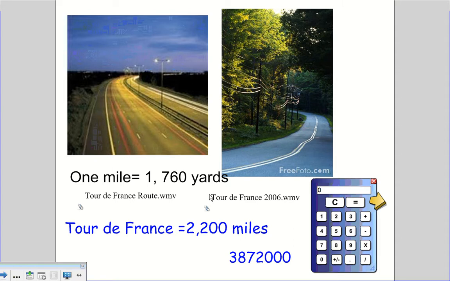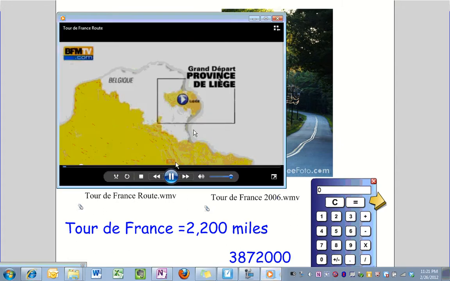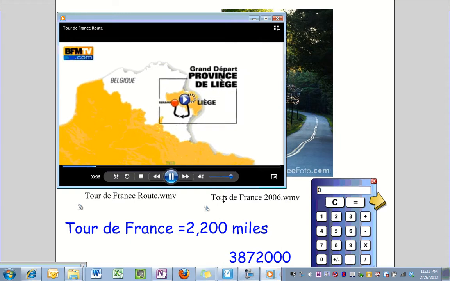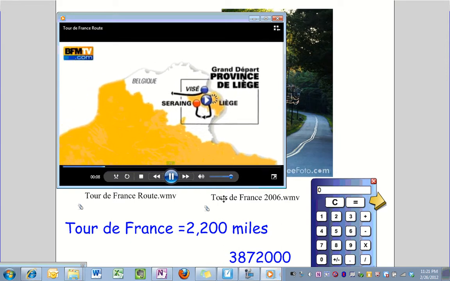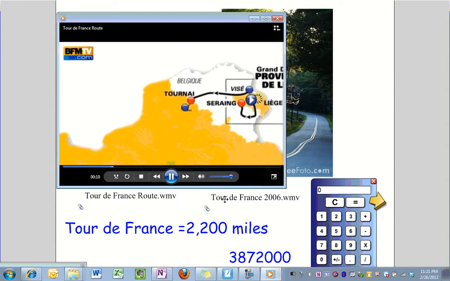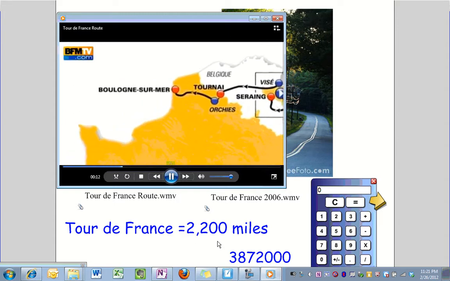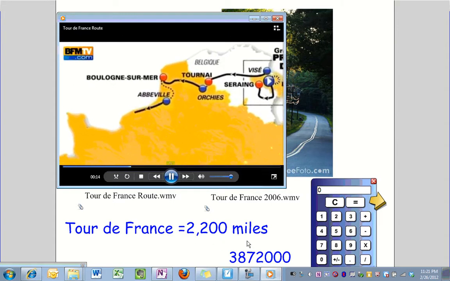To give us a little bit of perspective, we can look at the Tour de France route. That's a race that they do in France on bikes. And let's take a look at the route that they go on. It's showing us on a map. The Tour de France is 2,200 miles.